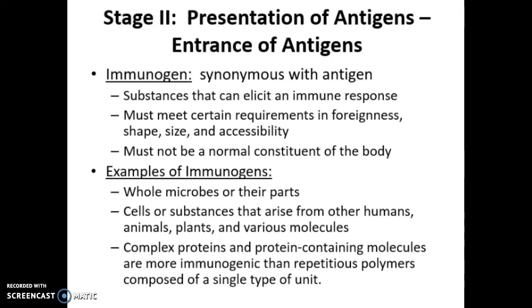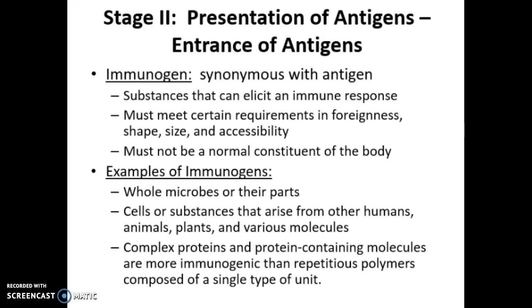So if you recall from section 2, when we were talking about the differentiation, or the selection, of the B cells and T cells, those that attached to a self-antigen were killed, right, or underwent apoptosis to die so that then they wouldn't expand into a subset of B cells or T cells that would attack the body. So it does have to be foreign.